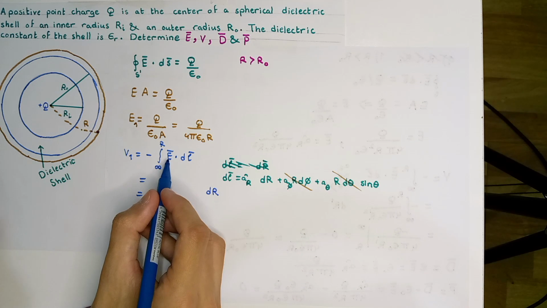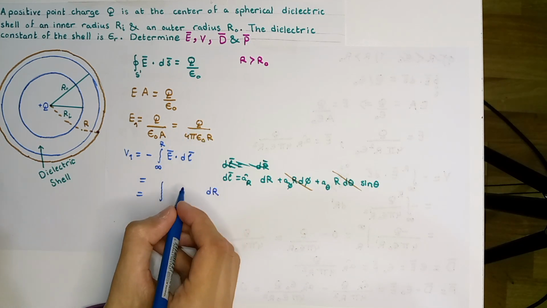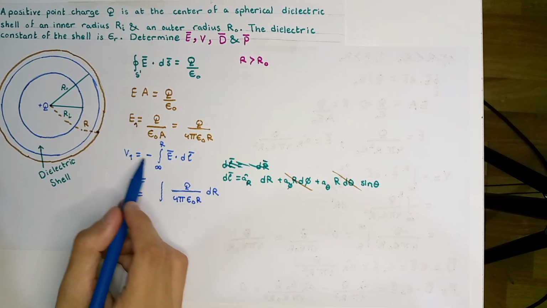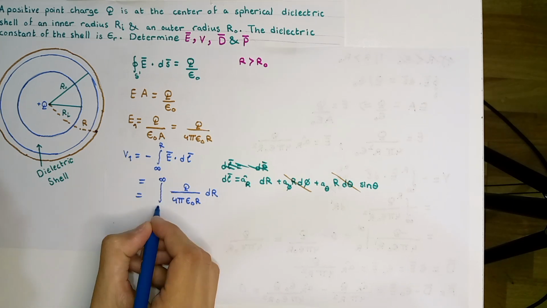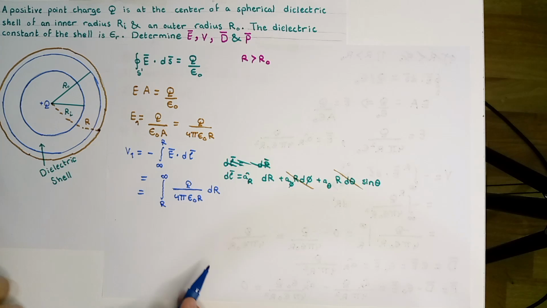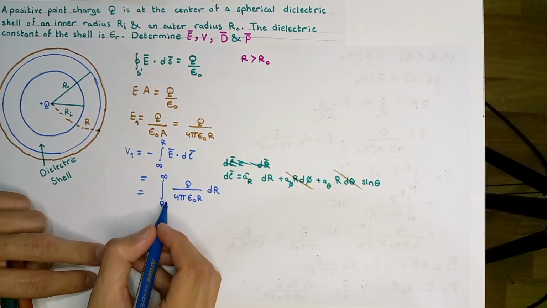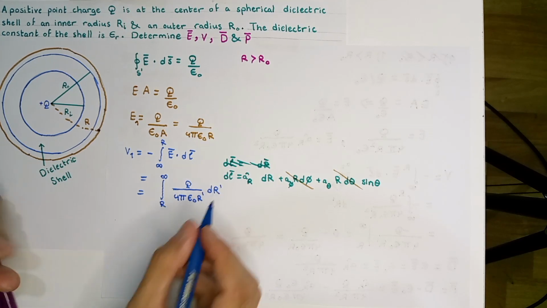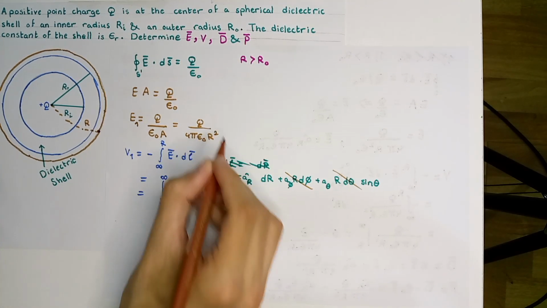I'm going to substitute the right hand side of this formula for E, and eliminate this negative sign by changing the order of the bounds. As we see, R exists in the bounds of this integral, so I'm going to use R prime as a dummy variable instead of R. I'm sorry, I forgot this r squared right there.